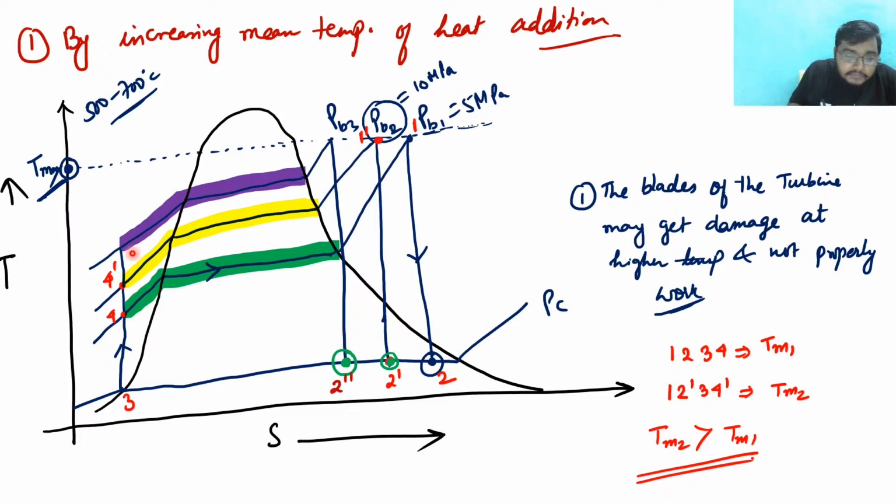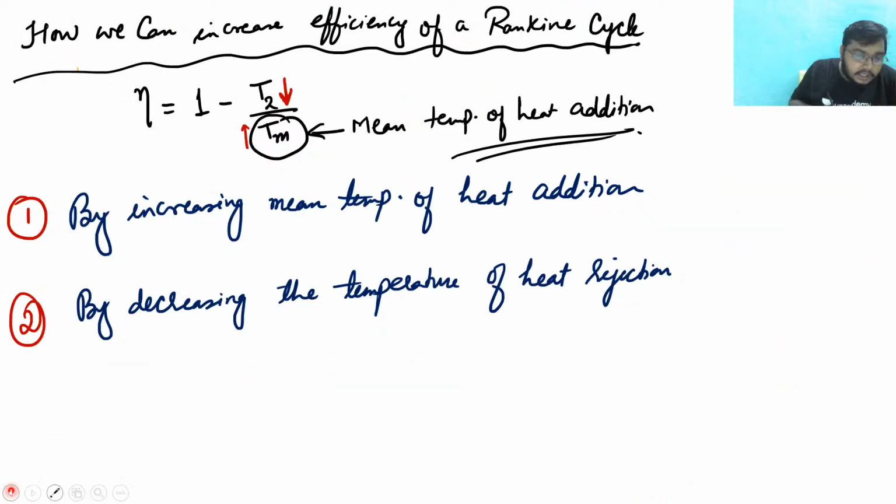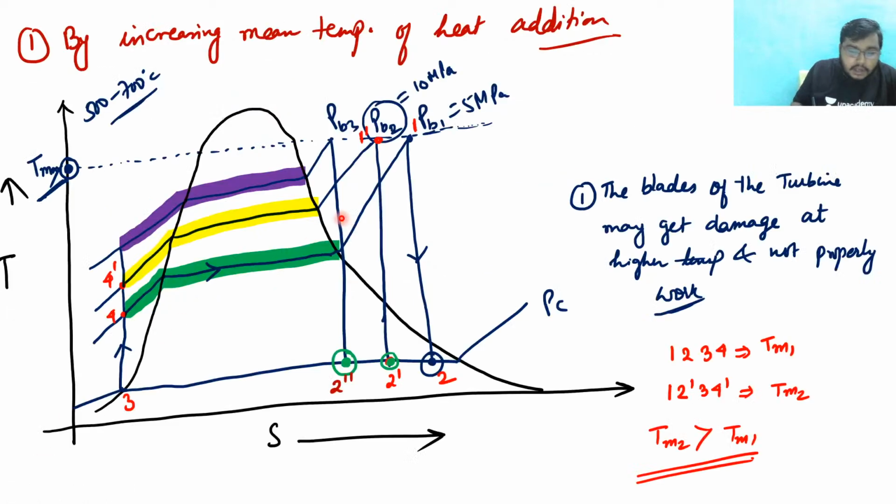If the mean temperature of heat addition is more at point 2, then we know that if we increase the mean temperature of heat addition, efficiency will increase. The mean temperature of heat addition is more in this case, hence I am getting more efficiency in this case. But again, see, 2 double dash has less dryness fraction, right?